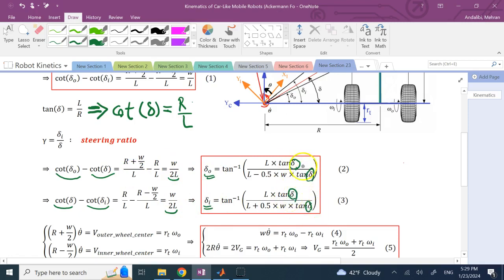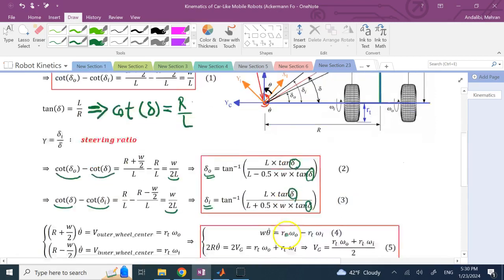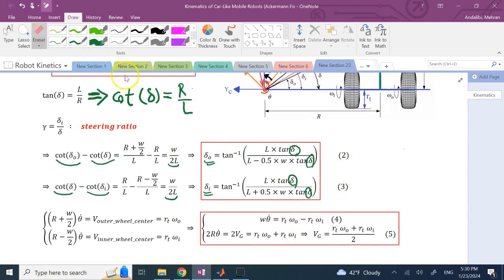You see here? The delta shows itself in the formulas for delta O and delta I. And you might say, why would you do that? Don't we have these two formulas here on the top? From these two formulas, I can easily find my delta O and delta I. Yes, so why do we need these formulas 2 and 3?